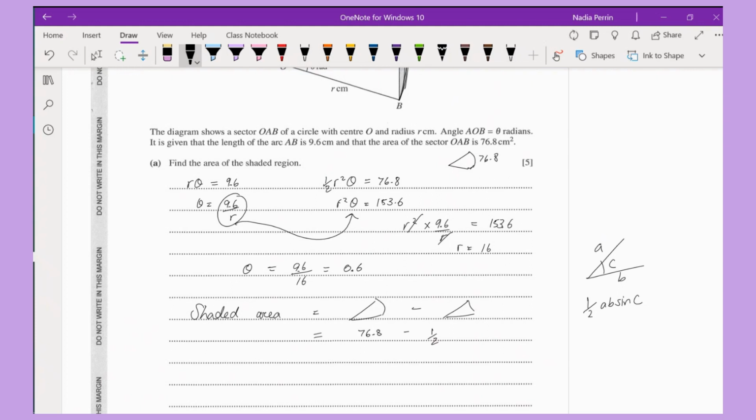So using that formula, a and b were both r, and sine theta would have been 0.6. Putting that on the calculator, making sure that you are in radians, you get 4.526, which you should give to 3 sig figs, so 4.53 centimeters squared.